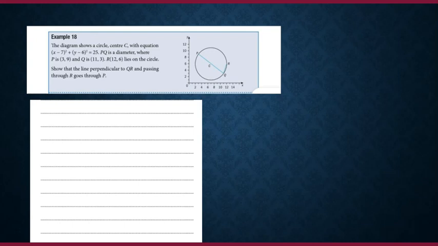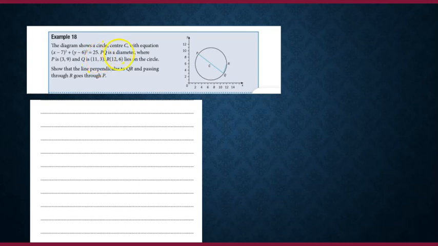Look at question number 18. The diagram shows a circle centered C with equation x minus 7 squared plus y minus 6 squared equals 25.